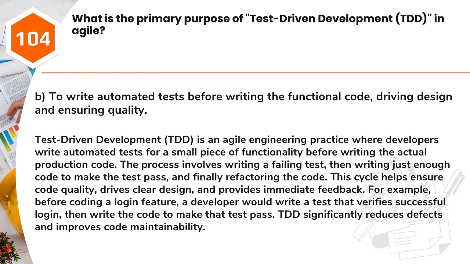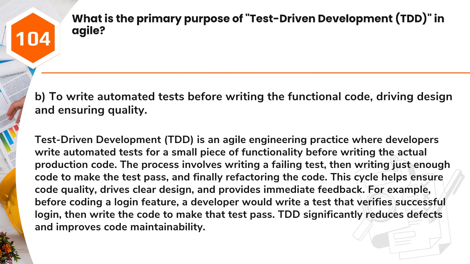Answer: B. To write automated tests before writing the functional code, driving design and ensuring quality. Test-driven development, TDD, is an agile engineering practice where developers write automated tests for a small piece of functionality before writing the actual production code. The process involves writing a failing test, then writing just enough code to make the test pass, and finally refactoring the code.